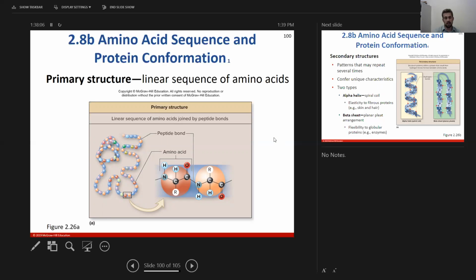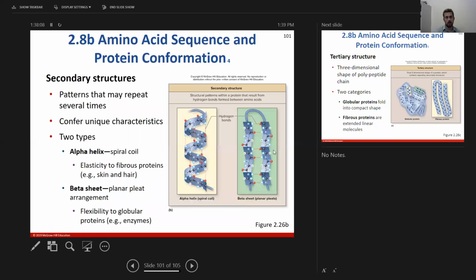And when they start sticking to each other, they're either going to stick in an alpha helix right here, or a beta pleated sheet. And this is going to be our secondary structures, right?